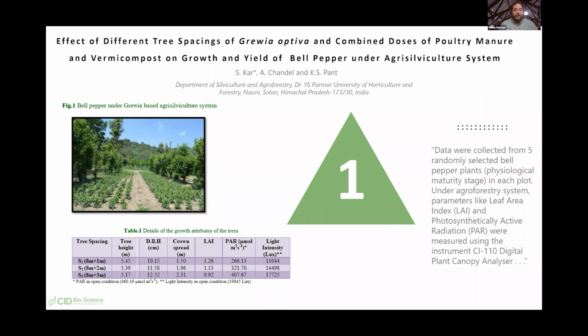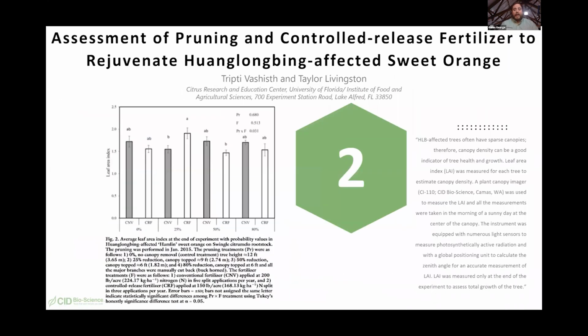So our next study was looking at actual mitigation strategies to control and rejuvenate sweet orange trees that are affected by HLB, which is a disease that causes the roots to diminish.